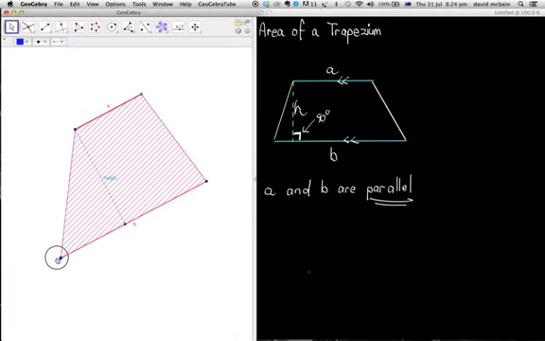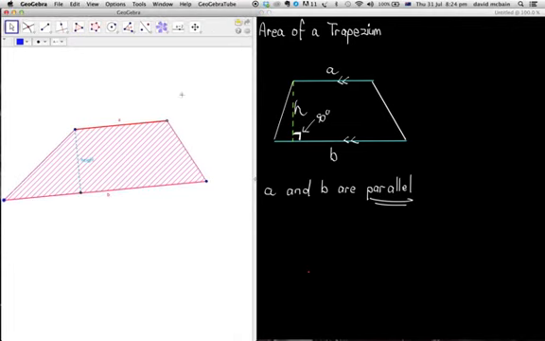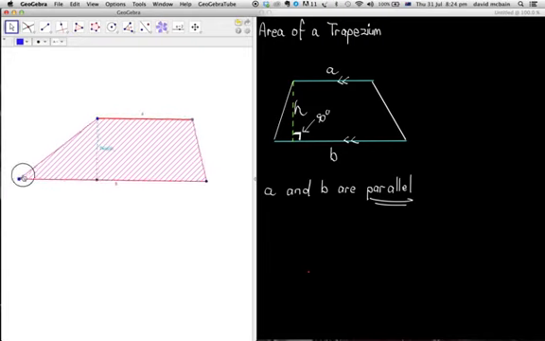So there we go, there's our trapezium. And I'm now going to show you how we can work out the area of our trapezium.